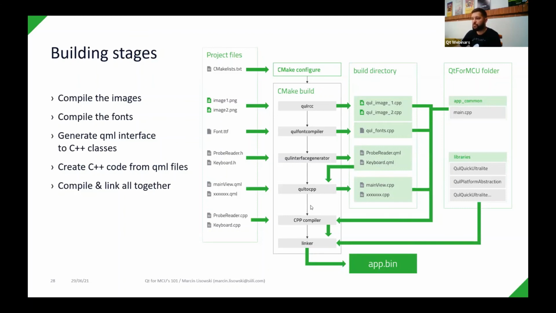It will use your C++ implementation for those headers. So this is just to make Qt to CPP, let's say, happy, and to tell it that those QML types are going to be implemented by the developer of the application. So there is no indirect conversion of headers to C++.